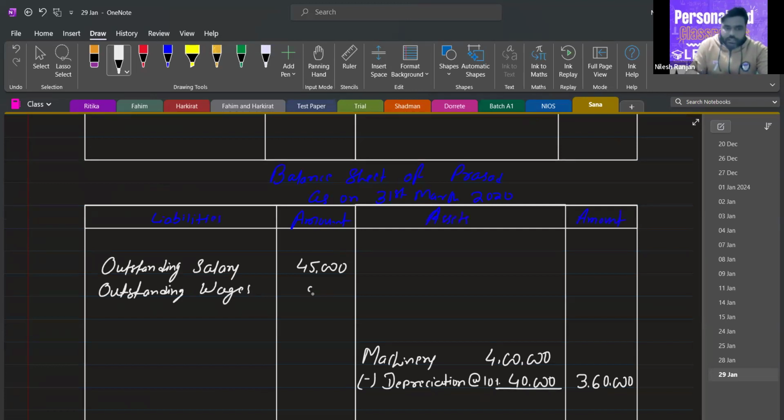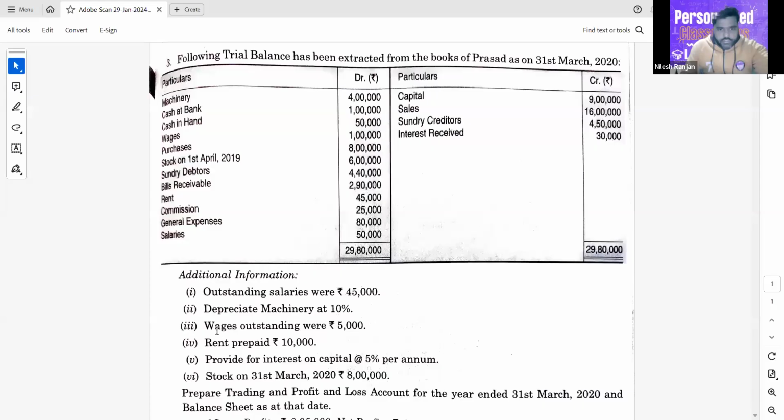Is this clear until now? Okay. Now, rent prepaid 10,000 means advance. We have paid the rent in advance. So rent is 45,000 and we have paid 10,000 advance.